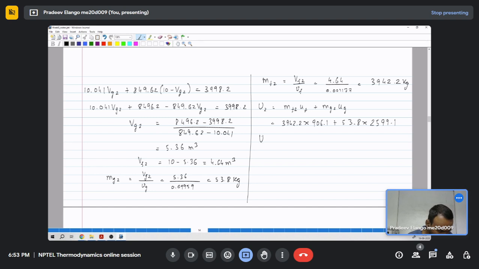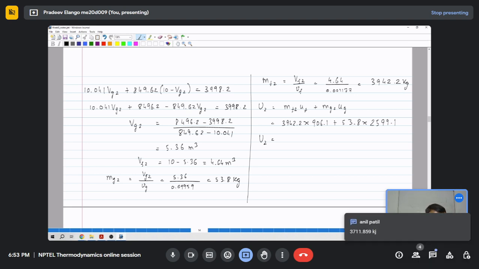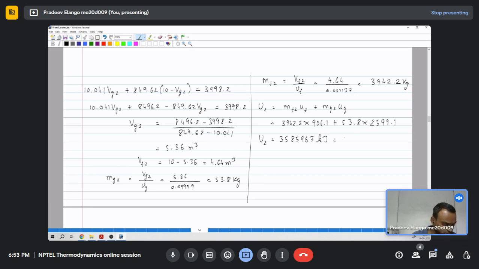So internal energy at state 2 can be calculated. That is 3585967 kilojoules. So this is 3586 megajoules. I think you had a different number.